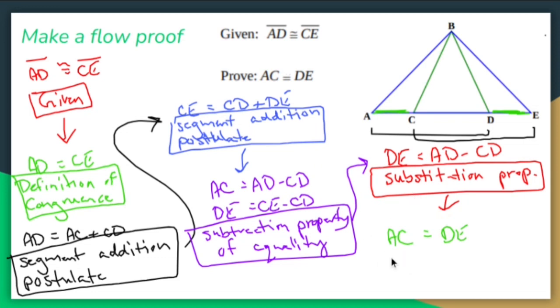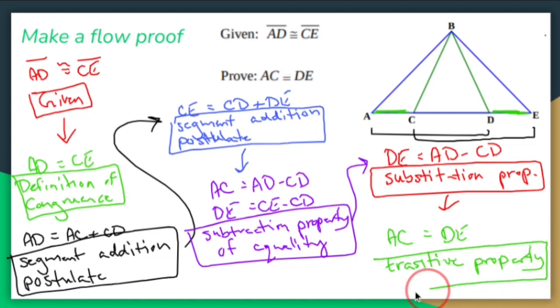I haven't used the transitive property yet today. By the way, the transitive property says that if A equals B and C equals B, then A equals C. That's the transitive property. So that works here. Transitive property of equality. I am done my flow proof.